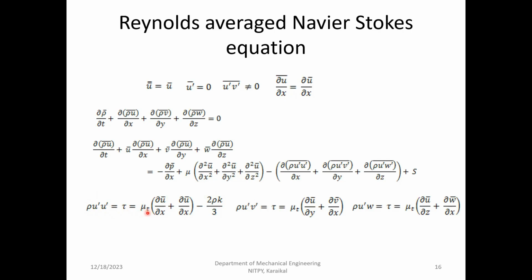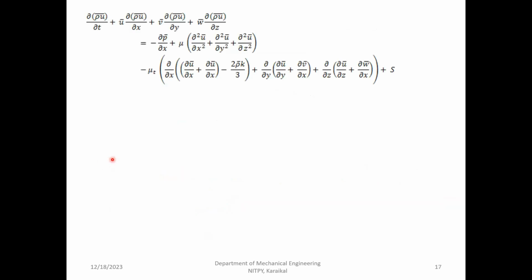If it was mu, we know that because it is a property. We know mu of water, we know mu of air. That is a property, we can directly give it. But we don't know mu T. Now when you replace U prime with mu T and U bar, the equations are reduced like this.